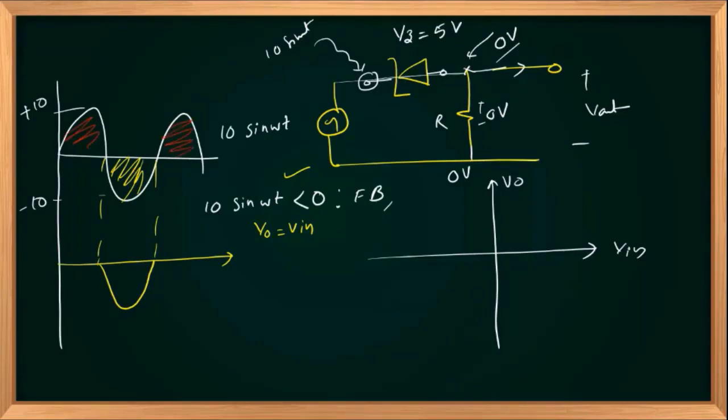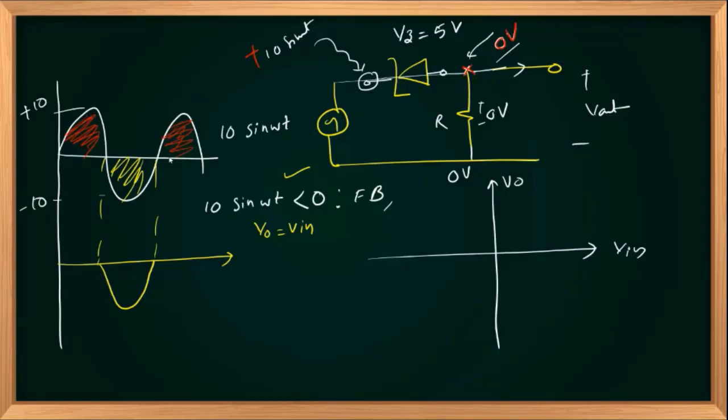Why is it reverse biased? Anode voltage is 0 volts and cathode voltage is positive, 10 sin omega t. Talking about positive, there I will have two different cases: reverse bias before breakdown and reverse bias after breakdown.